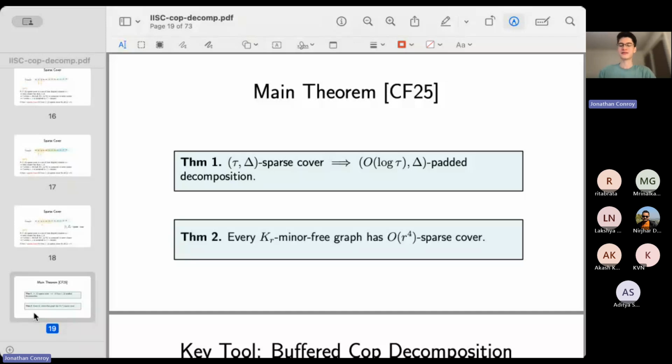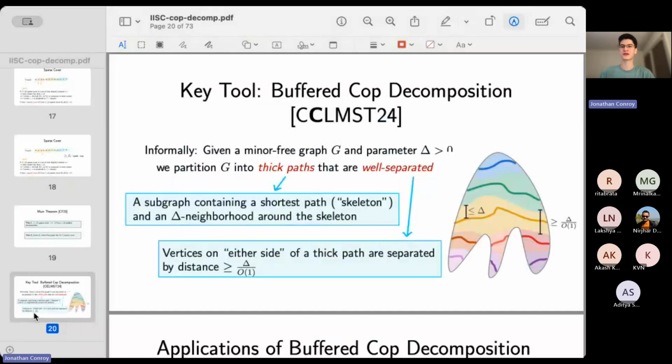Good. Okay, and for the rest of this talk, I'm just going to talk about the second theorem, that minor-free graphs have polylog sparse cover. And the main technical tool that we use is this buffered cop decomposition, which is some tool that we had introduced earlier in some slightly different context.